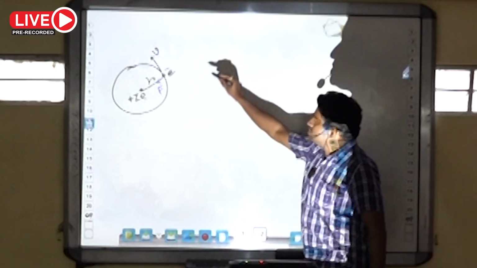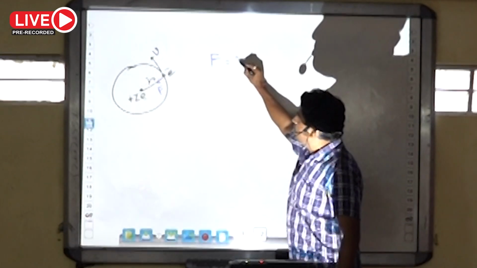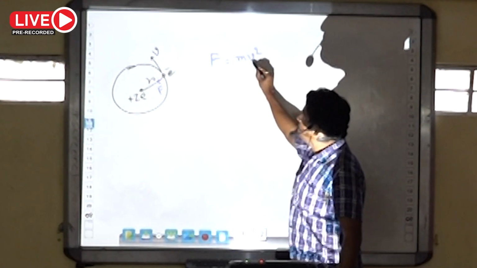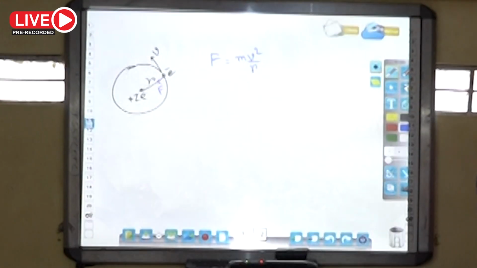This force will be simply equal to mass into acceleration, but the acceleration is v square by r, the centripetal acceleration. So Newton's second law, force equal to mass times acceleration, we have written. So don't say centripetal force is another force acting on this. There are not two forces, there is only one force.